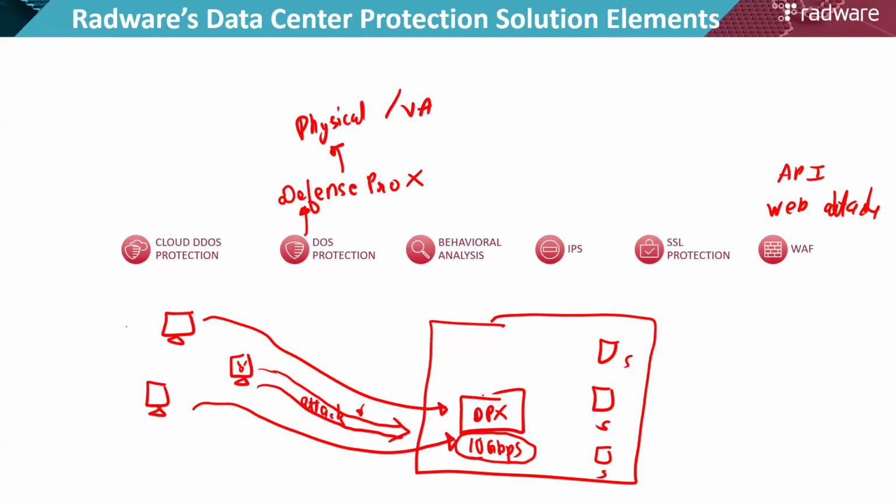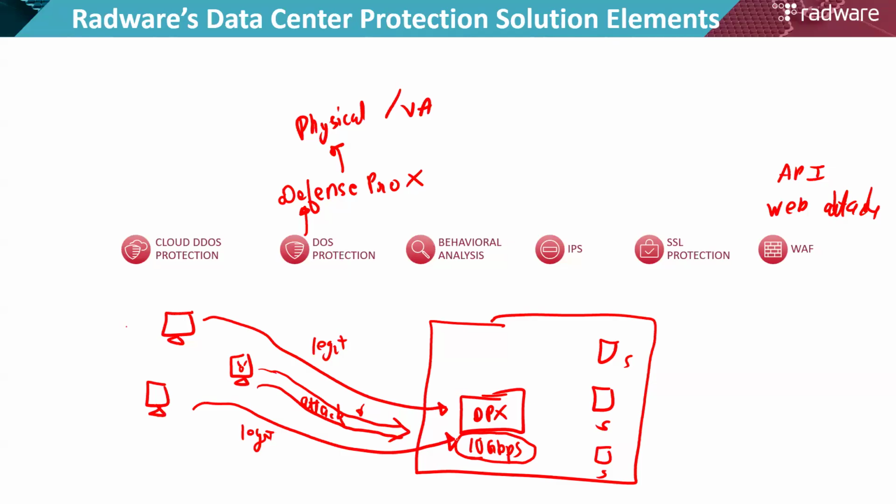In that case, the DPX will start dropping the traffic. It will also start dropping legitimate traffic as well, which is not what we need. Every Defense Pro has a certain mitigation capacity. If it is exceeded, we would start dropping the traffic and will not be able to send the clean traffic back to the backend servers.